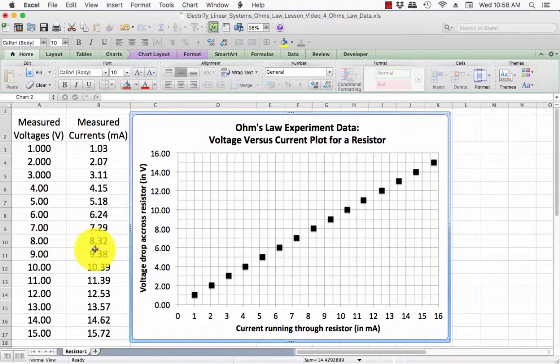If we graph this data on an axis where we put current along the horizontal axis and measured voltage along the vertical axis, we see that these data points end up looking like they form a line.